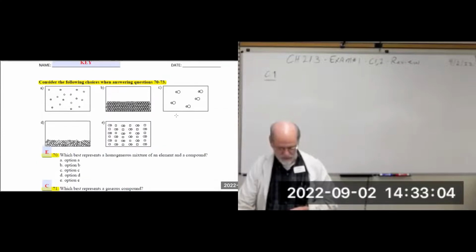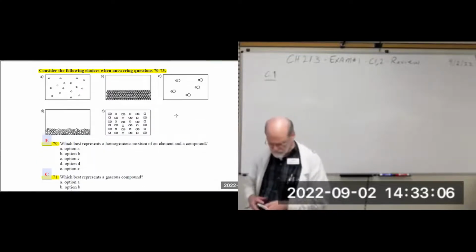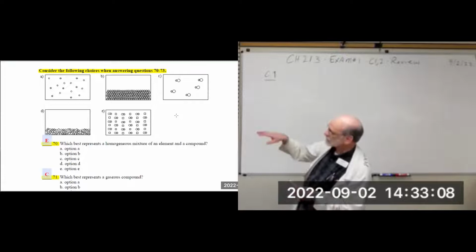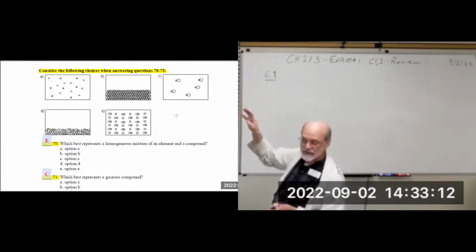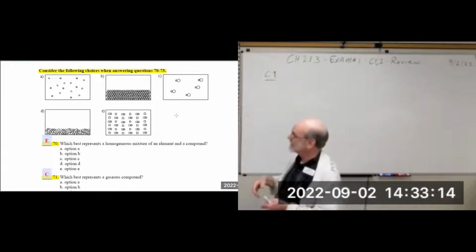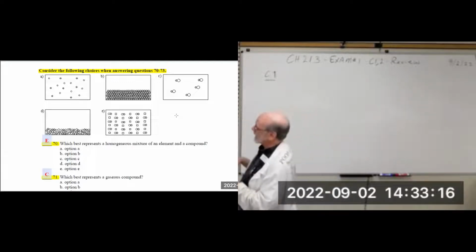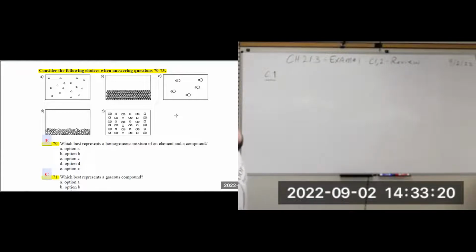Let's see. Oh, this is a good one. You see these representations of elements and compounds. Okay, it's hard to tell, but I'll point it out to you. A has a mixture of two different elements because they're single circles, but one of them is shaded and the other one's open.